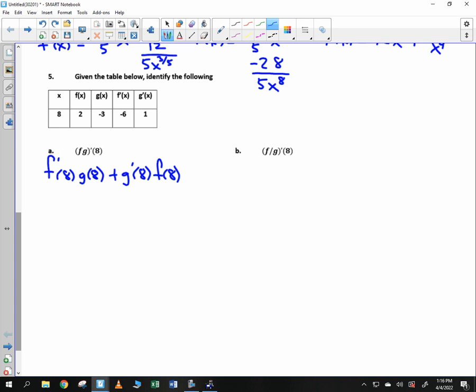What is f prime of 8? Negative 6. What is g of 8? Negative 3. What is g prime of 8? 1. And what is f of 8? So we get 18 plus 2 is 20.